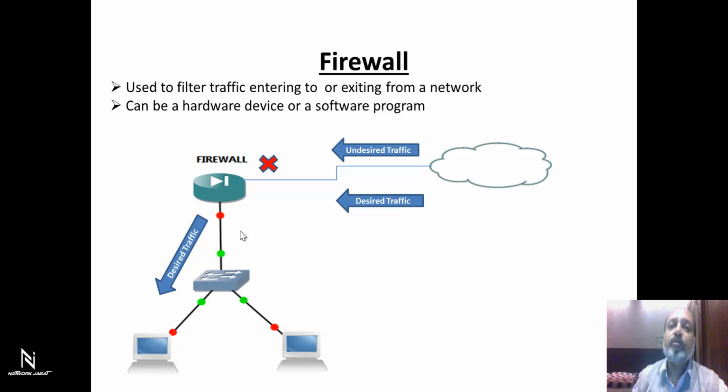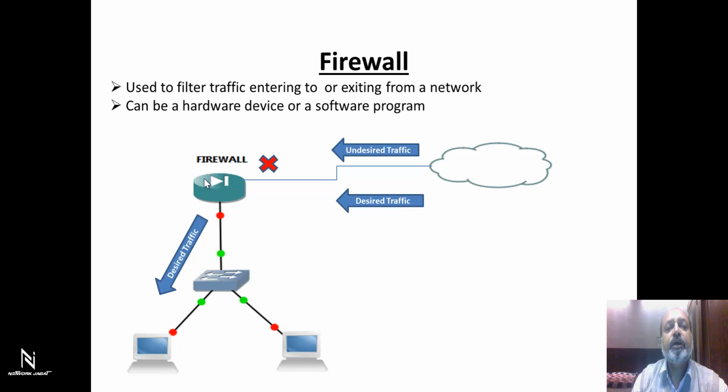So what is a firewall, right? It is basically a system that is used to filter traffic entering to or exiting from a network, and it can be a hardware device or a software program, right?